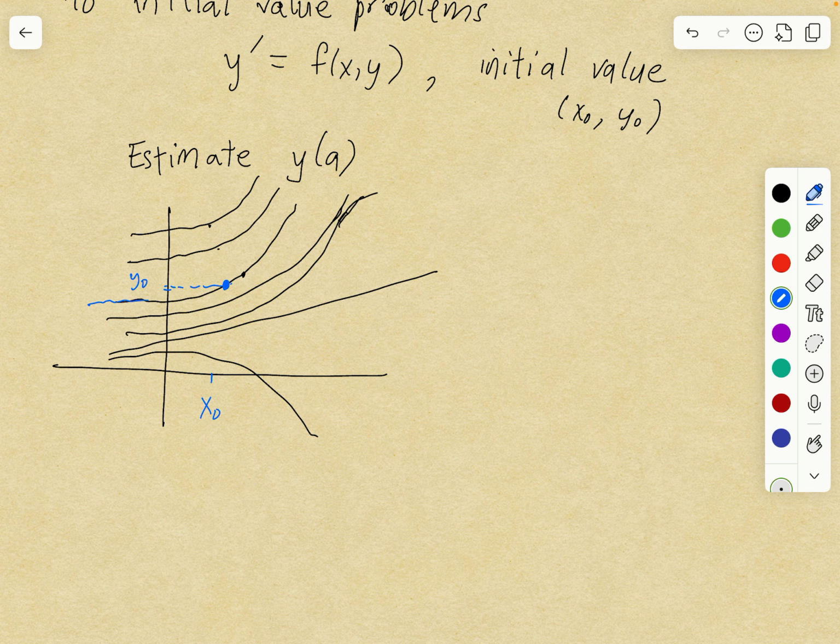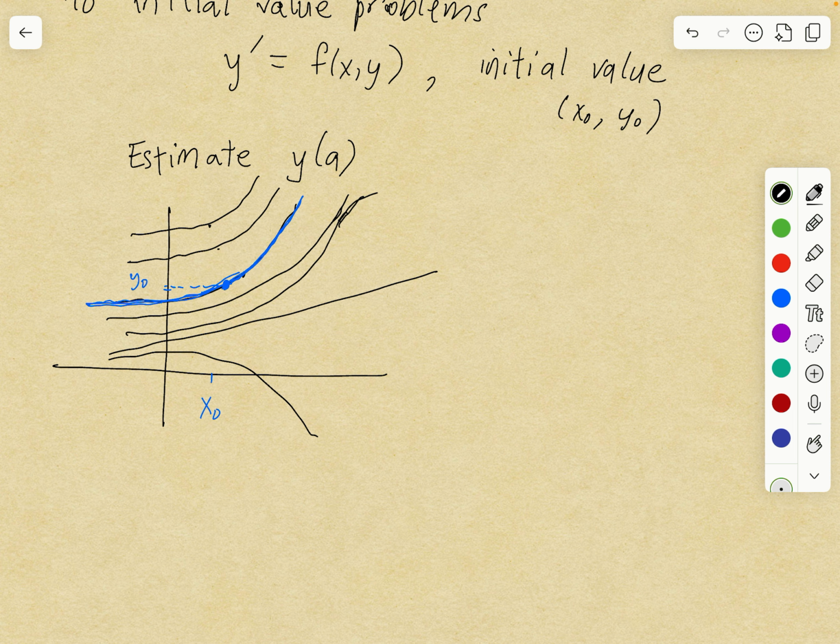So in that case, this would be this curve. So that would be the solution to the initial value problem. And like I was saying, sometimes you can find a formula for this curve, but sometimes you cannot find a formula for the curve. But you can still use the differential equation to learn something about it.